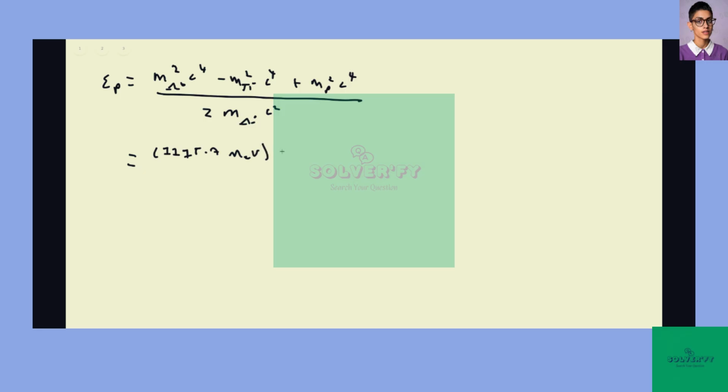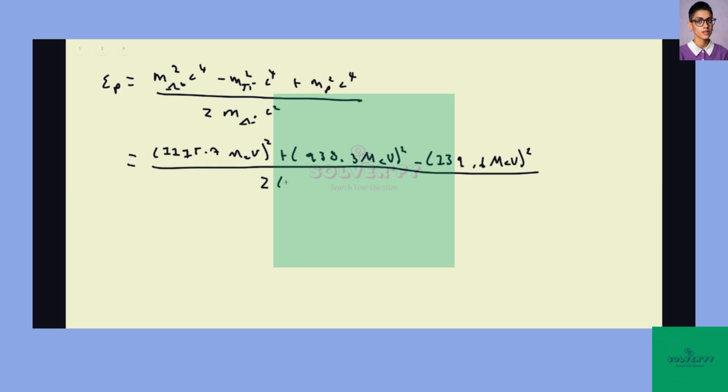MeV, squared, plus 938.3 MeV squared minus 139.6 MeV squared, divided by 2 times 1115.7 MeV.